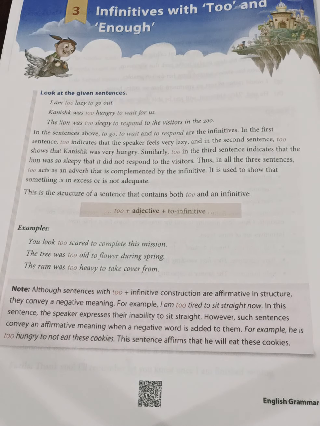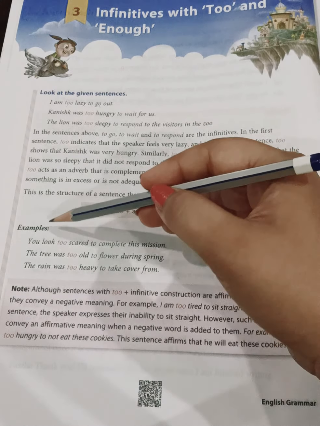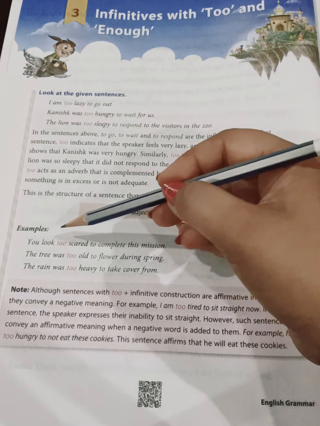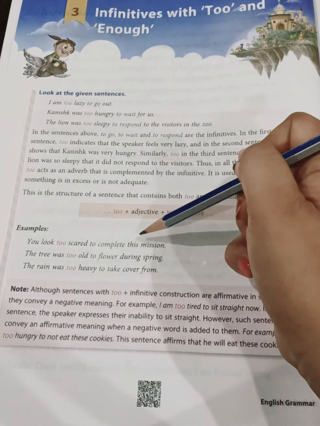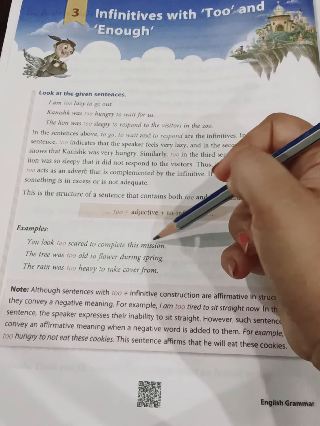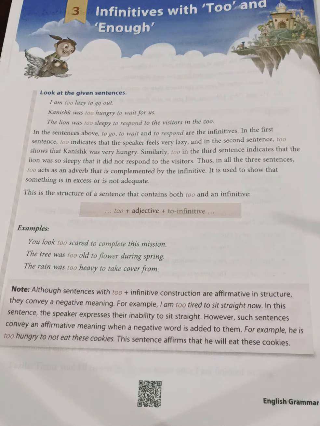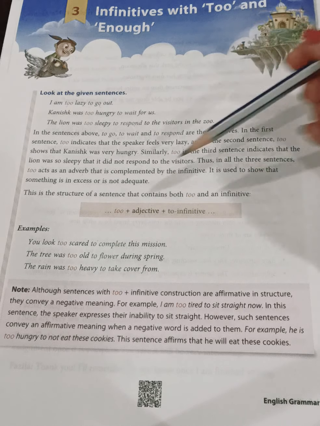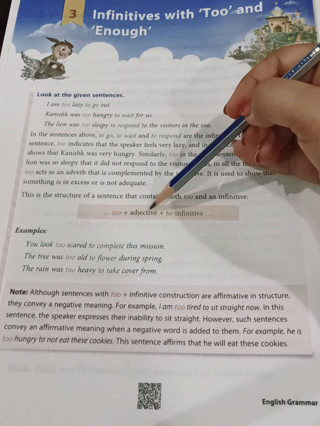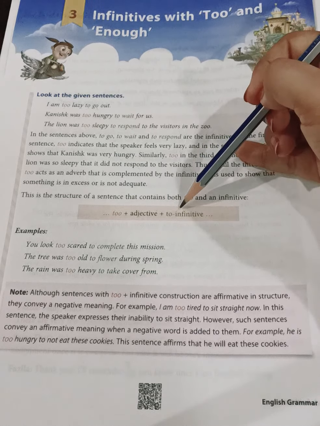So, we are showing the extent here. Here we can see the example. You look too scared to complete this mission. Now, for completing the mission, we are very scared. So, this is the too used with the adjective and the infinitive.